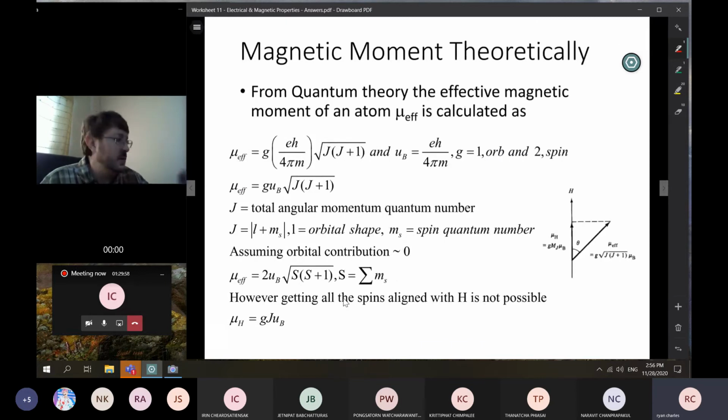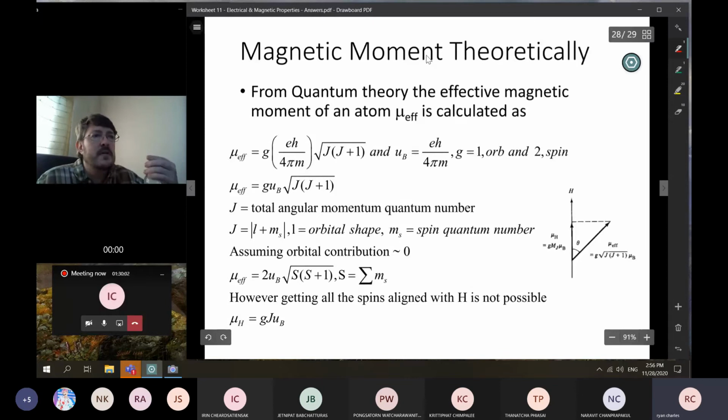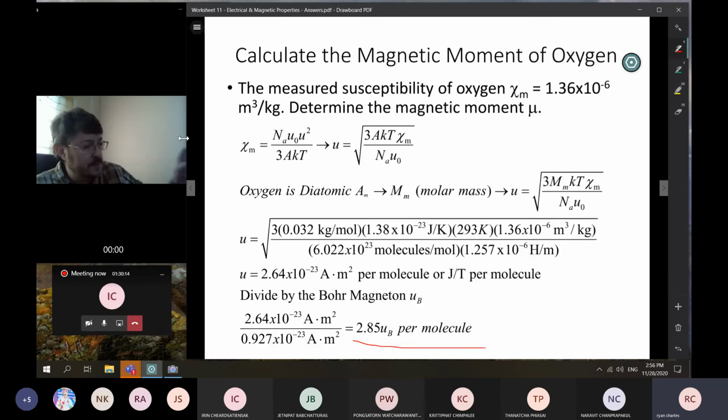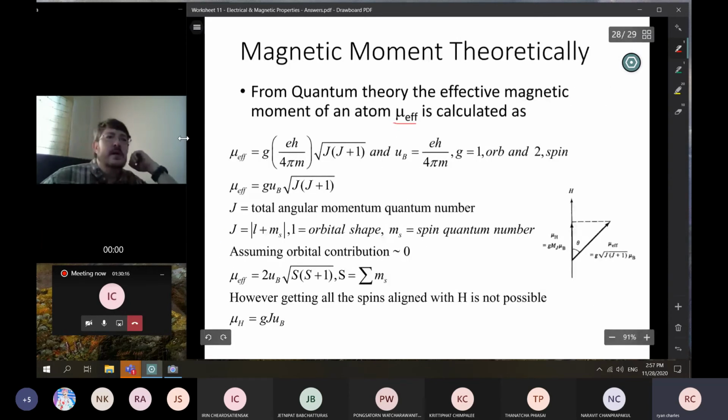It's probably not good slides for freshmen. From quantum theory, the effective magnetic moment of an atom, mu sub eff, is calculated this way. So this was experimental, and this is calculated. This is where you get to use quantum numbers again, remember this from the magnetic lecture.